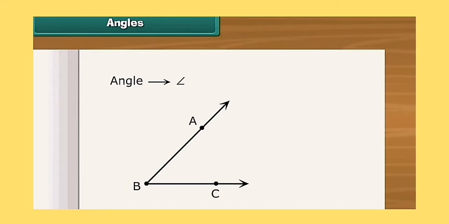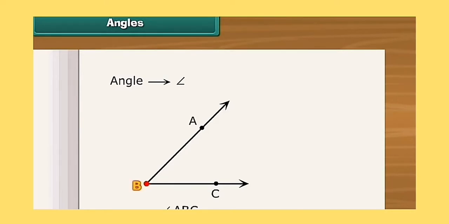If you want to represent this angle, you will write it as angle ABC. Here B is the vertex. This B is the vertex.